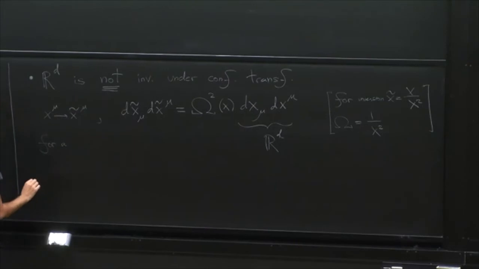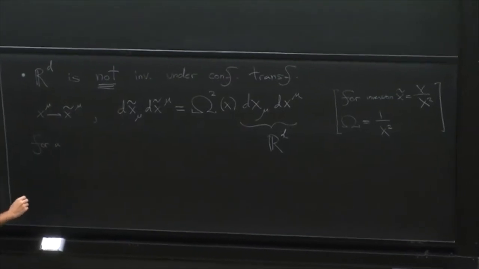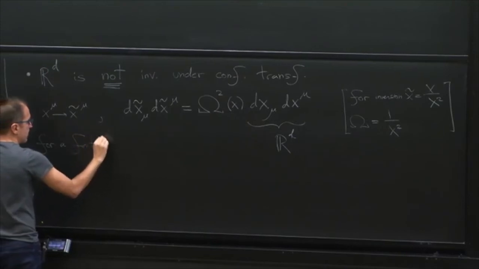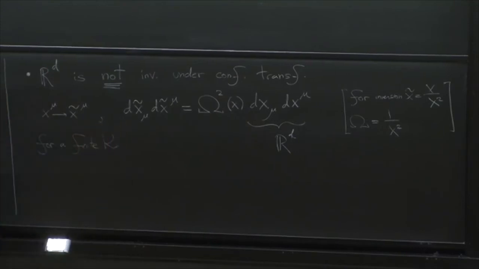Okay. And in particular, for a finite special conformal transformation, which again is very trivial, you just do an inversion, then you shift, then you do an inversion again.